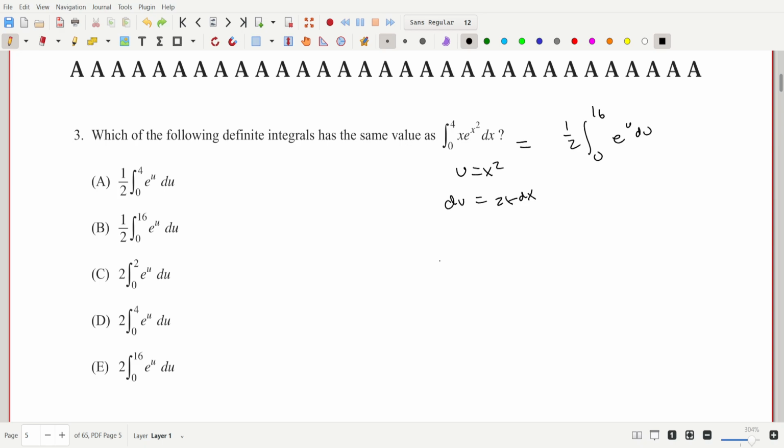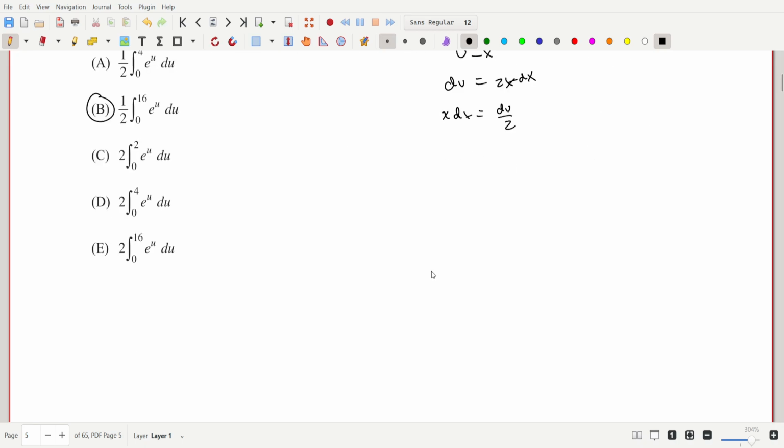If you solve, x dx is du over 2. So this piece here can be subbed out with this piece there. x dx is a half du. Okay, so it's going to be that one, and that looks like B. Coolio.